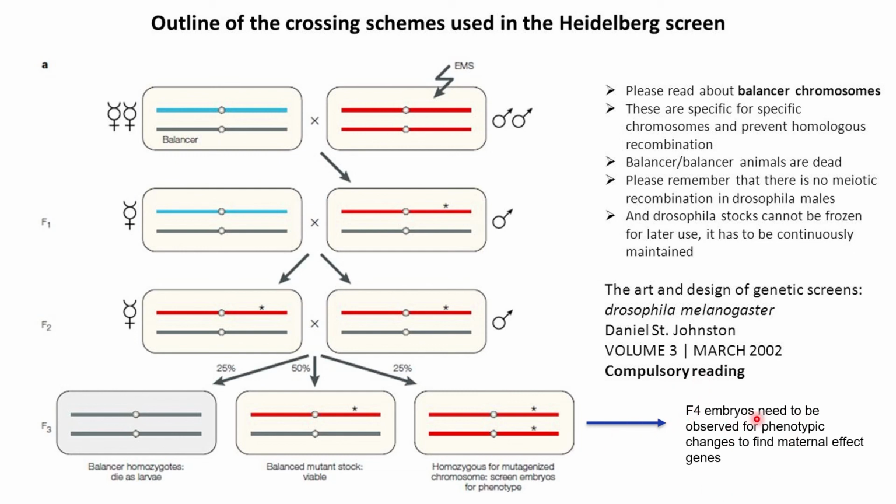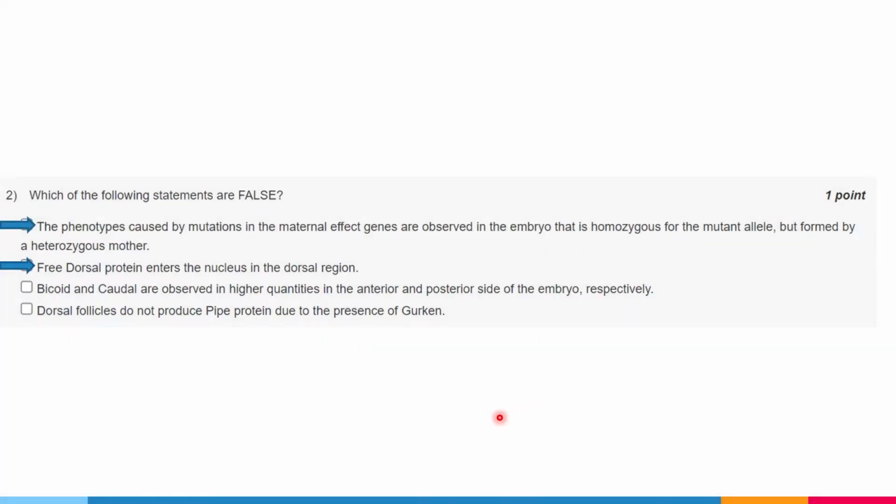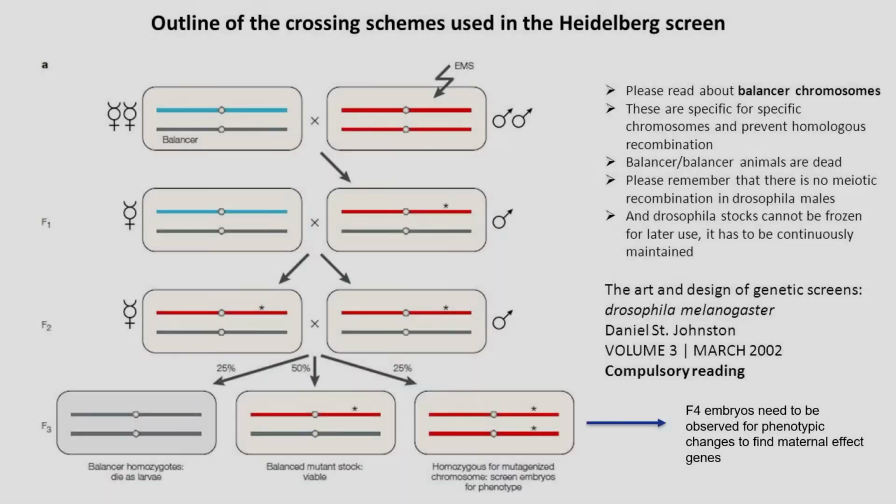So in the next generation, we'll be able to see from the homozygous F3 generation. And thus, which of the following statements are false? We have already gone through the first three, and the phenotypes caused by mutations in the maternal effect genes are observed in the embryo that is homozygous for the mutant allele, but formed by a heterozygous mother. This is false because this needs to be a homozygous mother, as we have just seen here.